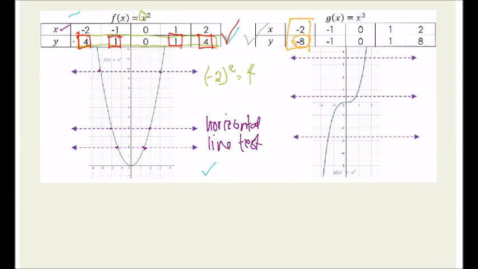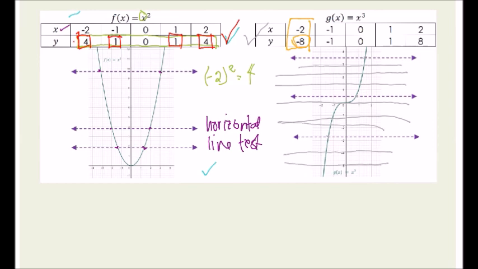If you draw horizontal lines, a horizontal line only passes at 1 point on our graph. Wherever you draw the horizontal line, it passes at only 1 point. Therefore, x cubed is considered a one-to-one function.